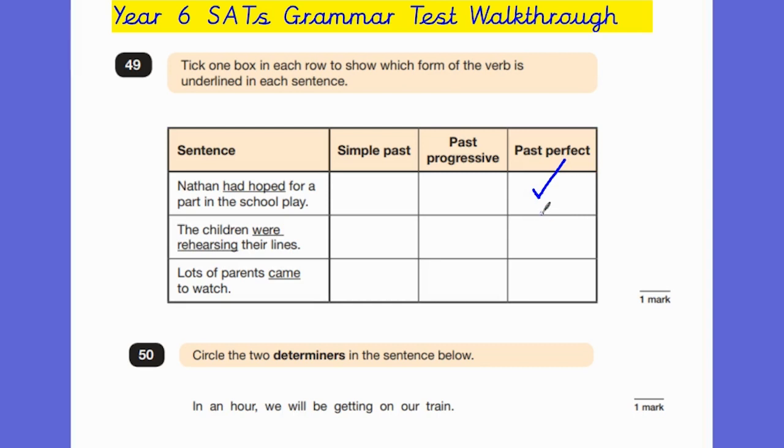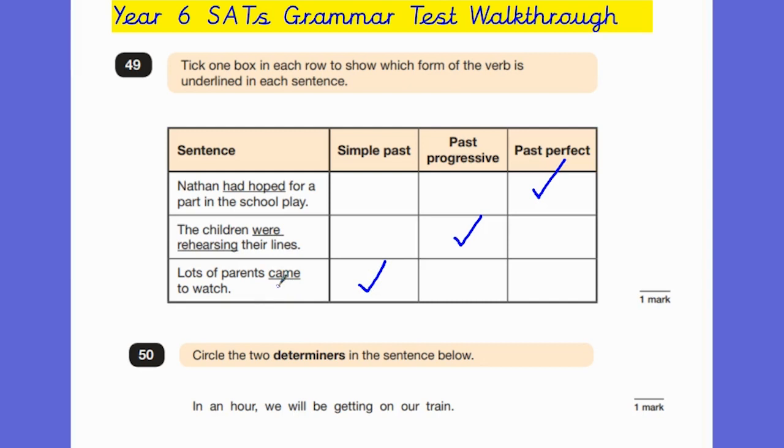We do have another video, which is a revision video all about tenses, if you'd like to learn a little bit more about the past perfect tense. The children were rehearsing their lines. So I have my verb and I have my verb form with ing, so I know, again, that's past progressive. Also mentioned in another revision video that we have on the channel. Lots of parents came to watch. Well, that is going to be the simple past tense.